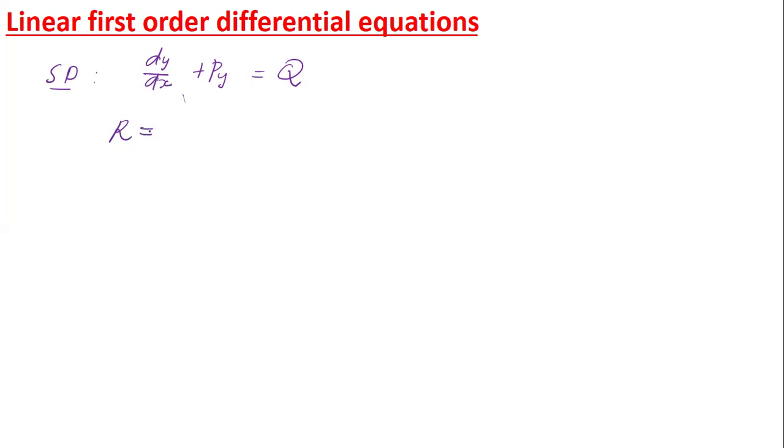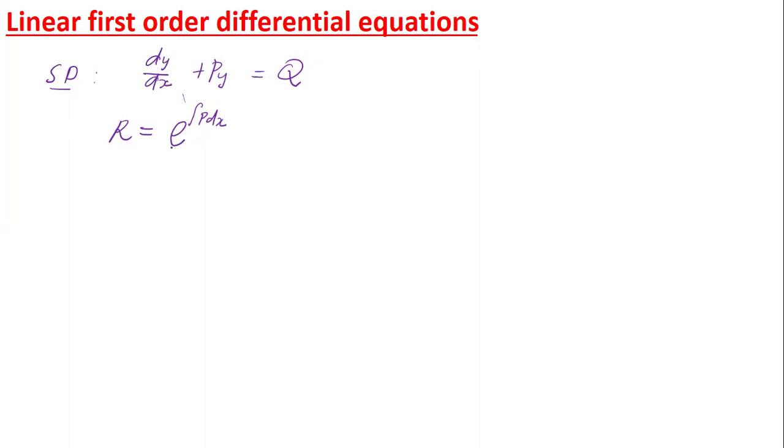So our integration factor will be e to the power of the integral of p dx, right? And therefore here we have the value of q. To determine the integration factor, we use the coefficient of our dependent variable, which is p. We're going to substitute p over there.